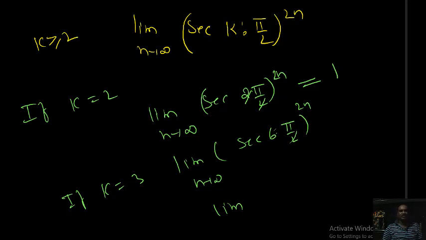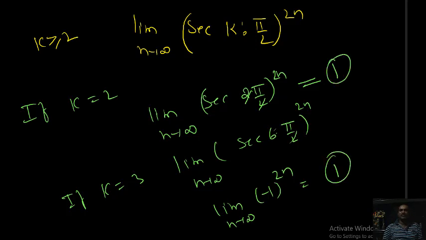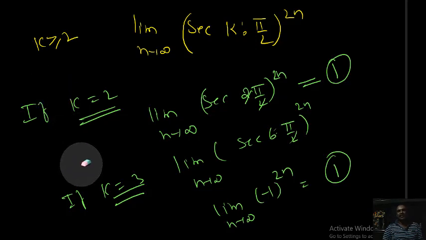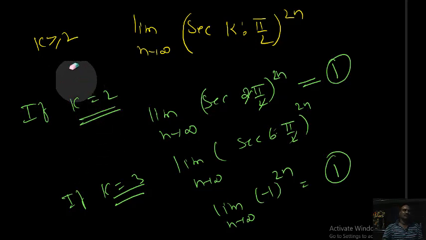Pi means minus 1, 2 pi means plus 1, 3 pi means again minus 1, and minus 1 power 2n, n tending to infinity, is also 1. So finally, k equal to 2 or k equal to 3 or some more values of k so that k factorial is an even number, that also will get 1 only. Finally, the value of secant of k factorial into pi by 2, whole power 2n, where n tends to infinity, is 1.